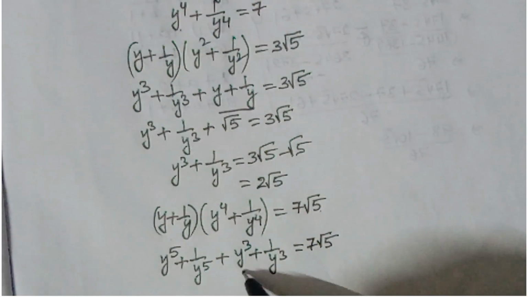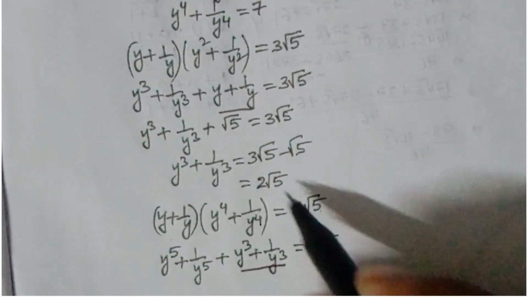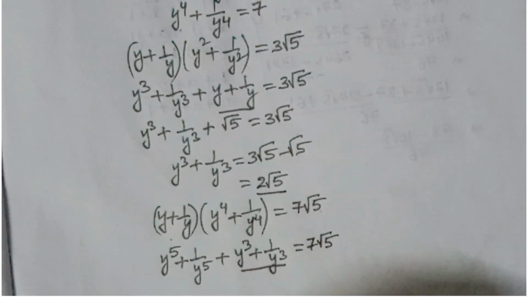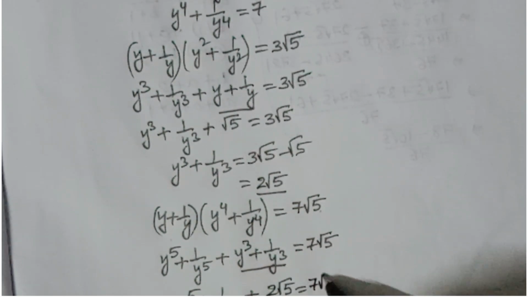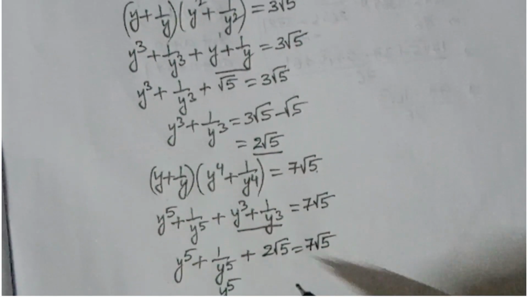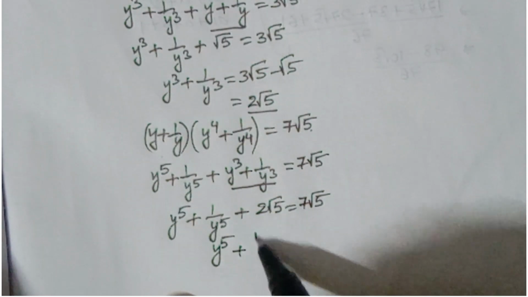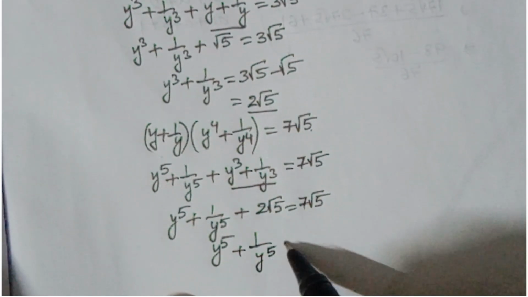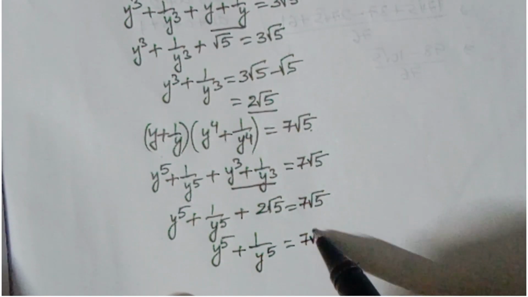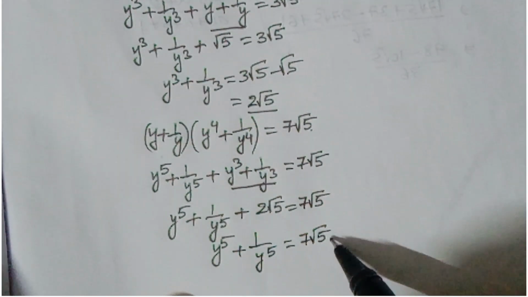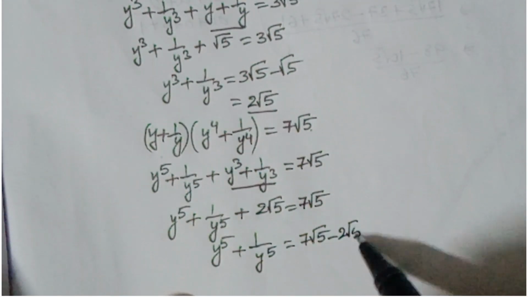So here this value is 2 root 5. Already here you got it. So y to the power of 5 plus 1 by y to the power of 5 plus 2 root 5 is equal to 7 root 5. So y to the power of 5 plus 1 by y to the power of 5 is equal to 7 root 5 minus 2 root 5.